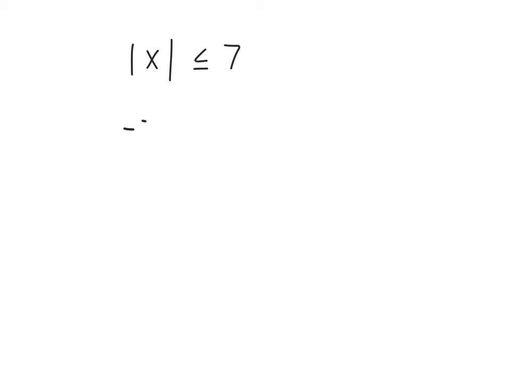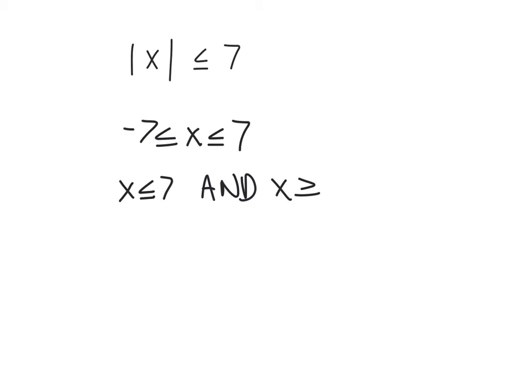This is going to be negative 7 less than or equal to x less than or equal to 7. I should have said negative 7 on that side. If you want to write it with an and, you'd write x is less than or equal to 7 and x is greater than or equal to negative 7. And notice again we've broken it into two inequalities, right? We put the word and in between it.